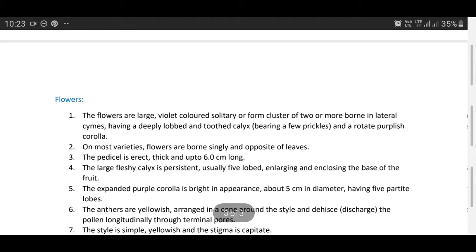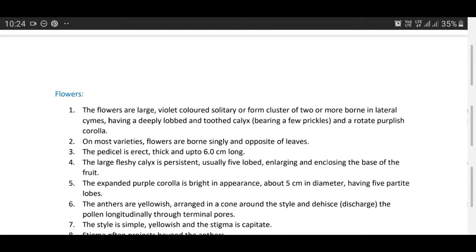Now we study the flowers. The flowers of brinjal are large, violet colored, solitary, or form clusters of two or more borne in lateral cymes, having a deeply lobed and toothed calyx, bearing a few prickles and a rotate purplish corolla.